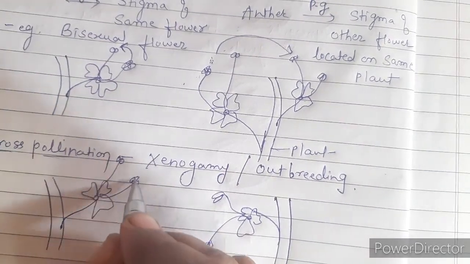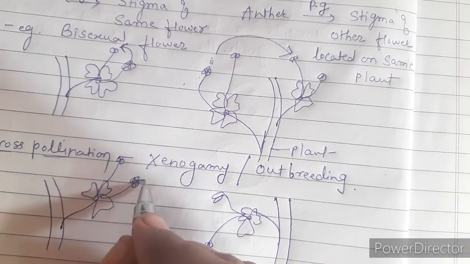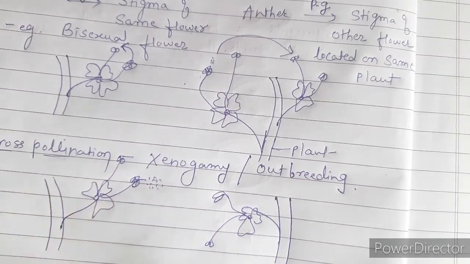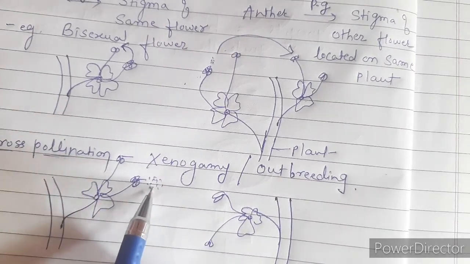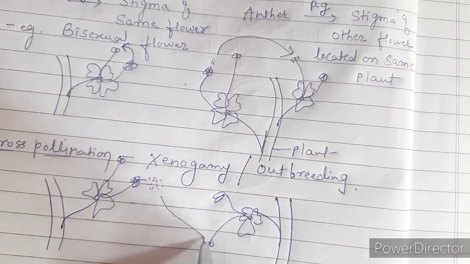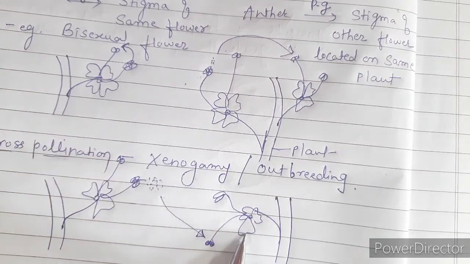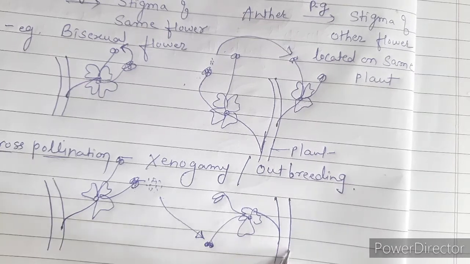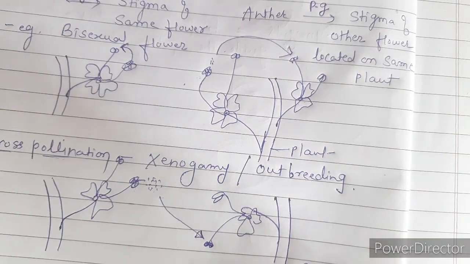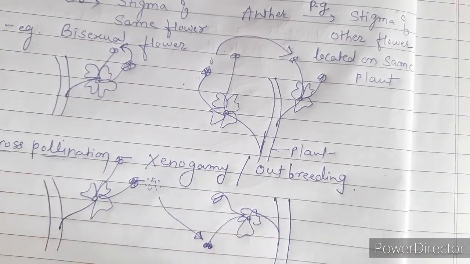Now here, when the mature anthers release the pollen grains or microspores, and they are transferred and deposited on the stigma of this flower located on the different plant, but of the same species, means both these plants belong to the same species.